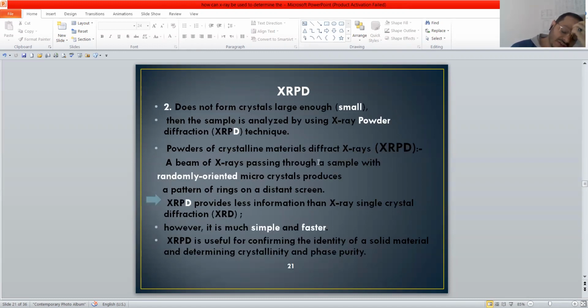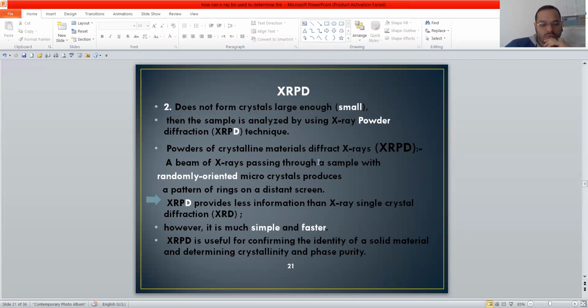Now, how can we deal with small atoms, how can we determine the crystal properties and characteristics when the sample doesn't form crystals large enough?